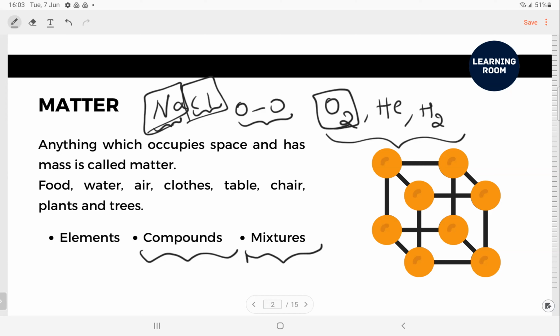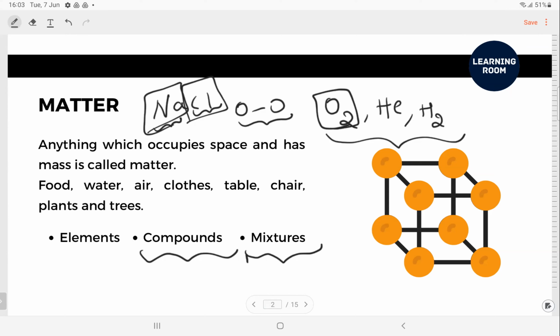More number of spaces. Okay, very good. That's a good answer.